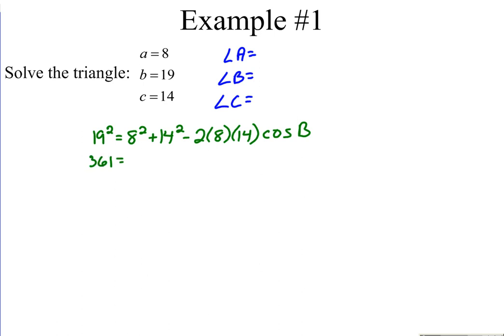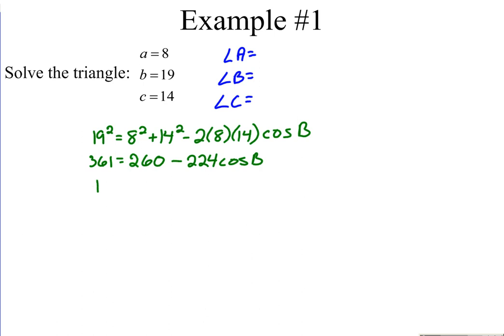8 squared plus 14 squared is equal to 260. And now this is all multiplication, so I need to take 2 times 8 times 14, and that's the coefficient then on cosine of B. You cannot subtract these two numbers. We're solving for cosine of B, so my next step is to subtract 260.